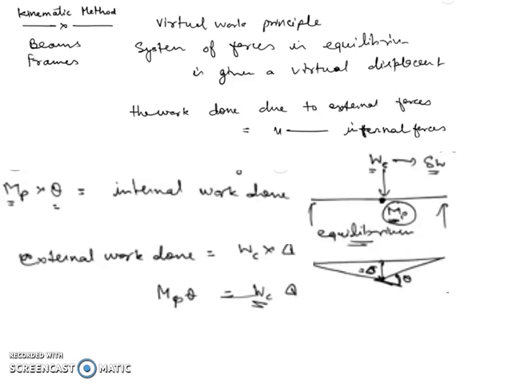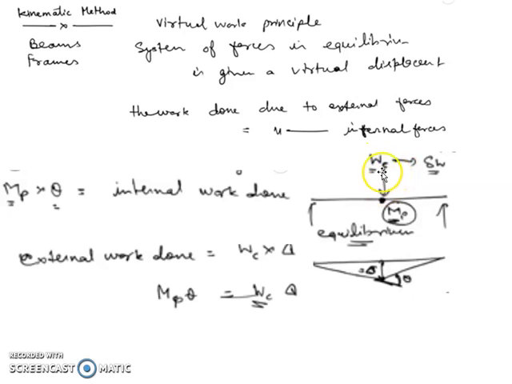Now, coming to the kinematic theorem, this theorem always uses the virtual work principle. In this principle, the system of forces are in equilibrium in a given virtual displacement. That means the work done due to external load equals the work done due to internal forces. Here, consider a simply supported beam subjected to load W at center.